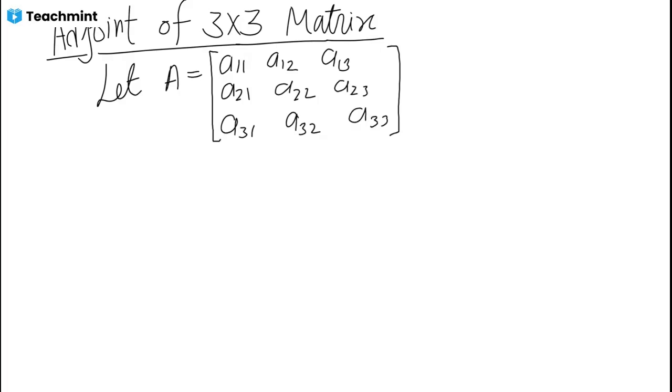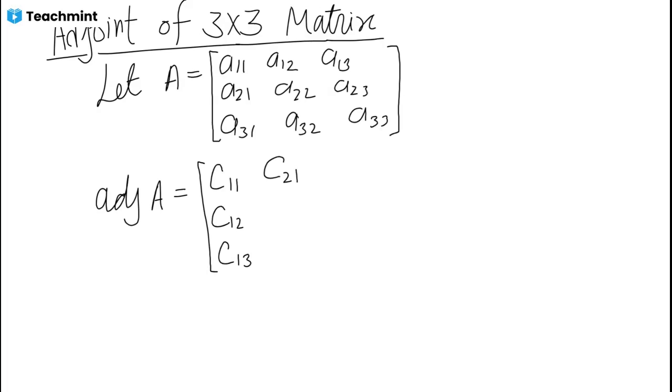So adjoint of matrix A is equal to C11, C12, C13, C21, C22, C23, C31, C32, C33.